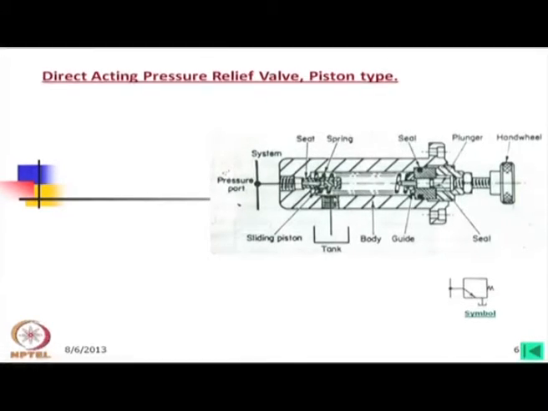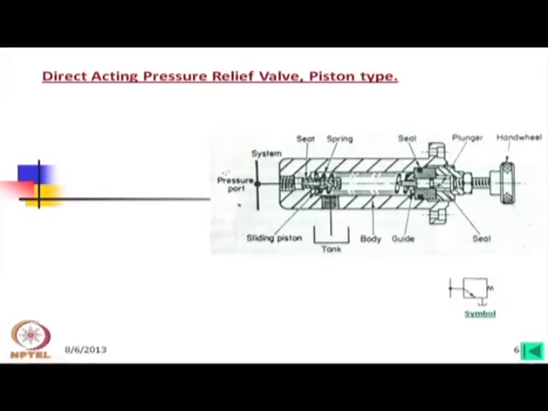Now, what is the advantage of this? This is also direct acting. So, the theory is the same: when this opens, the pressure reduces here and again it will be closed. But due to this piston and cylinder arrangement, it will take some time to close and open, and it is better from the chattering point of view.